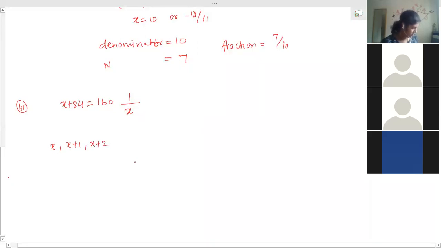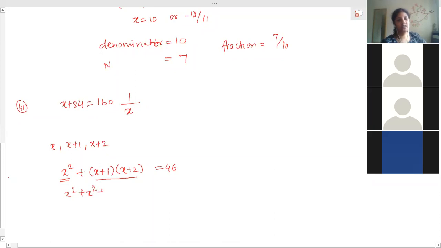Now the sum of the square of the first and the product of the remaining two, that is x plus 1 into x plus 2. Now both of them's sum is equal to 46. Then find the numbers.